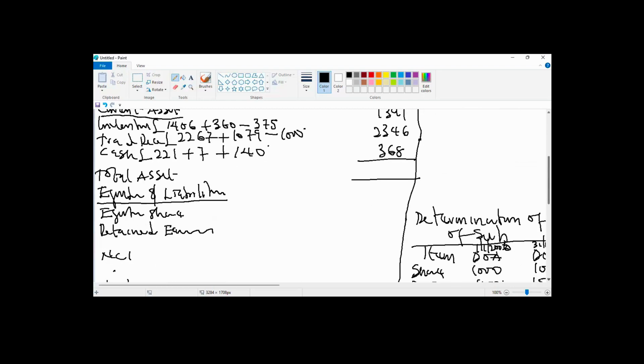Is the equity of the parent? Go to the question: what is the share capital of the parent? 4462.